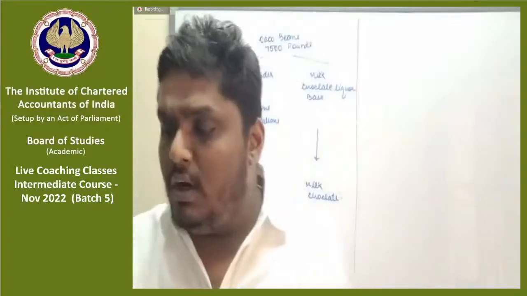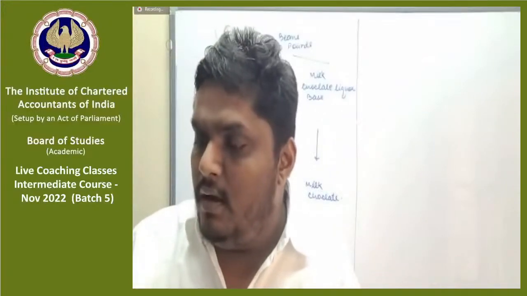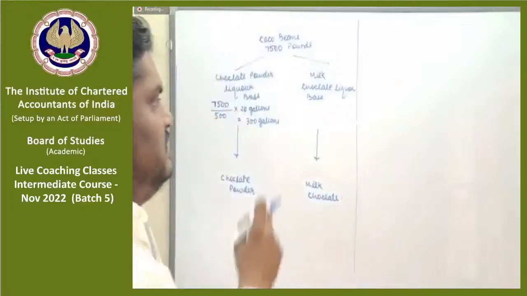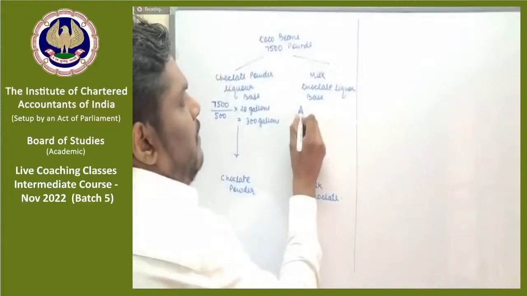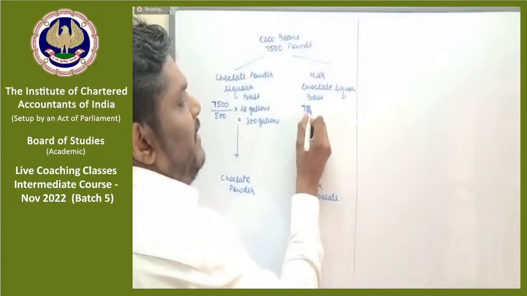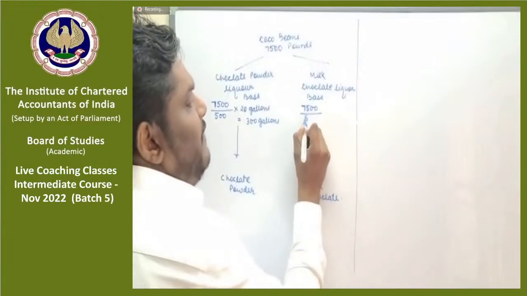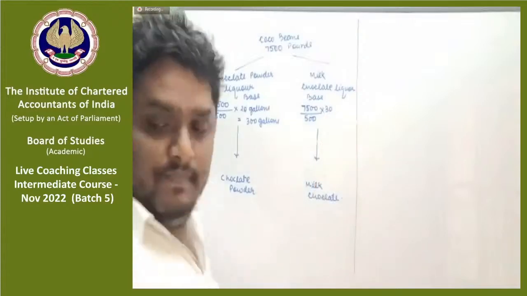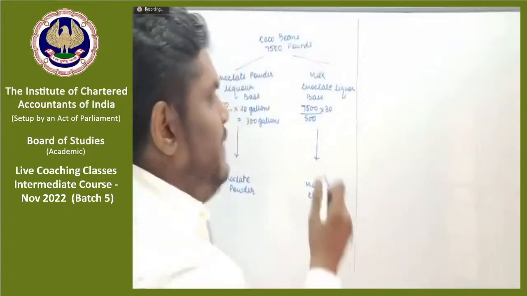Similarly, for milk chocolate, it is given that 30 gallons of milk chocolate liquor base is manufactured. So again, we have 7,500 pounds, and for every 500 pounds, how many gallons do we get? 30 gallons of milk chocolate liquor base.